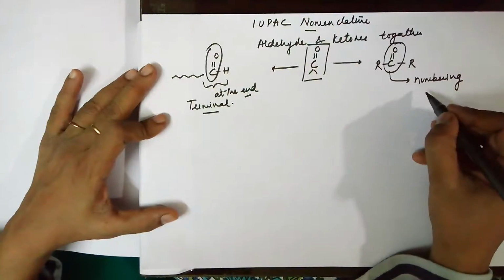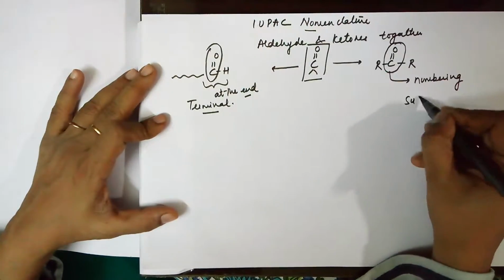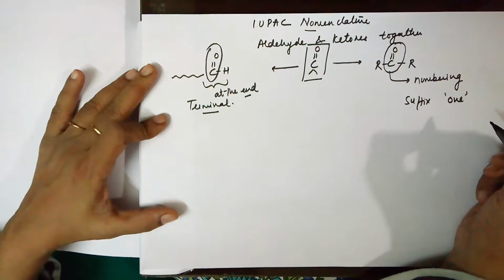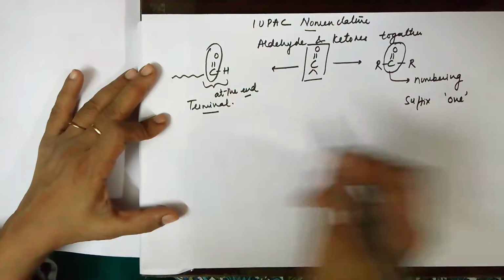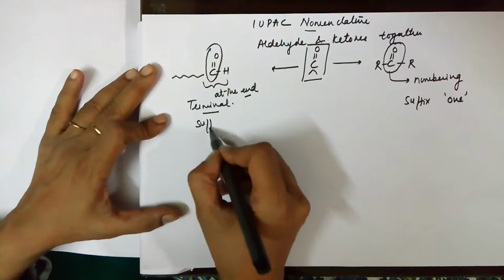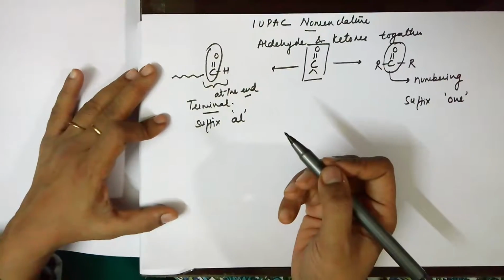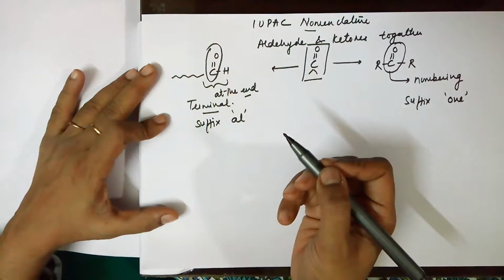For ketones, we use the suffix "-one", and the position is to be mentioned. Whereas for an aldehyde, the suffix used is "-al", and position may or may not be mentioned because it is the end group.